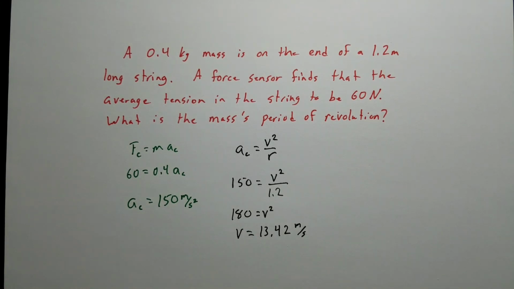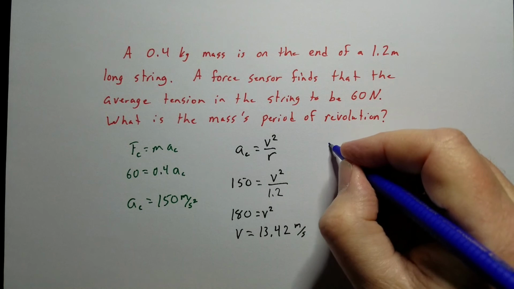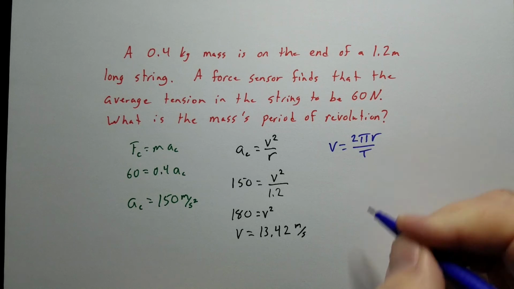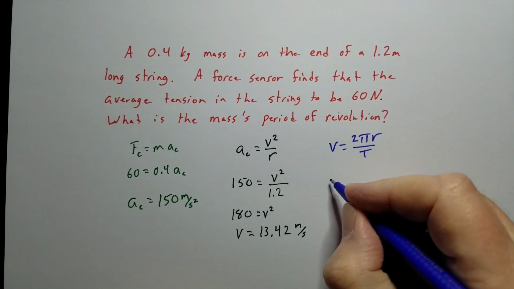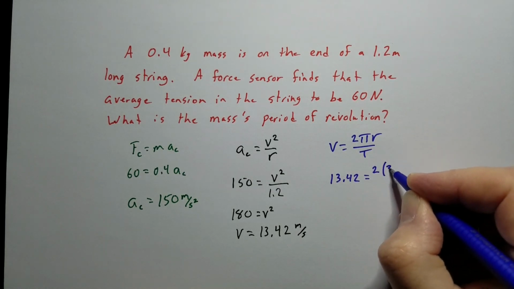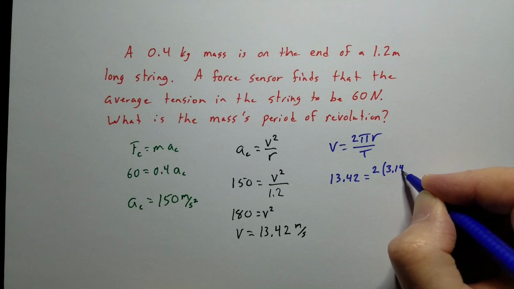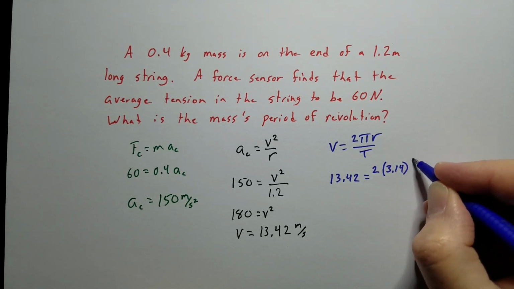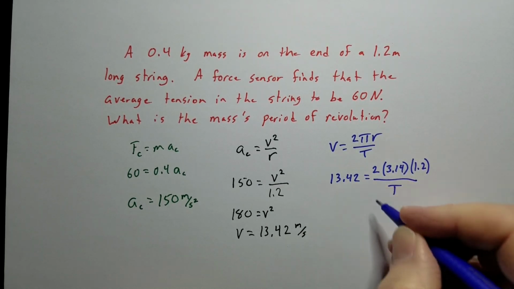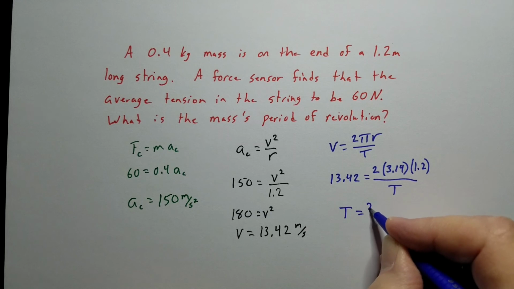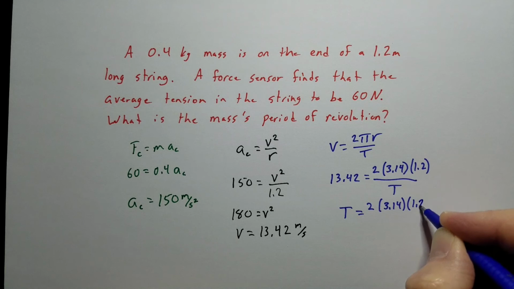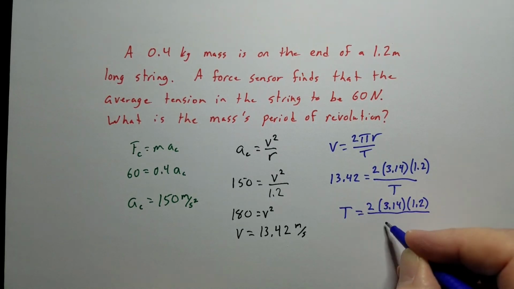Then to finish it up, we need to figure out the period. Well, velocity is 2 pi r over the period. So we need to solve for that. Velocity is 13.42, pi is 3.14, and radius is 1.2. We've got to figure out the period, so period comes out and takes its place.